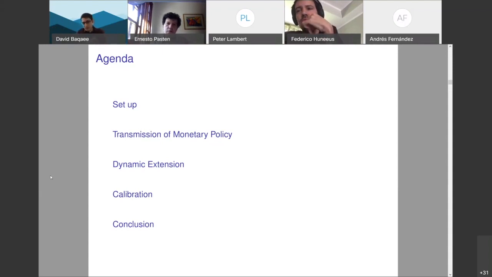And if you have a mechanism like that in the model, it's also going to cause an increase in aggregate productivity. But this is going to be a different mechanism.